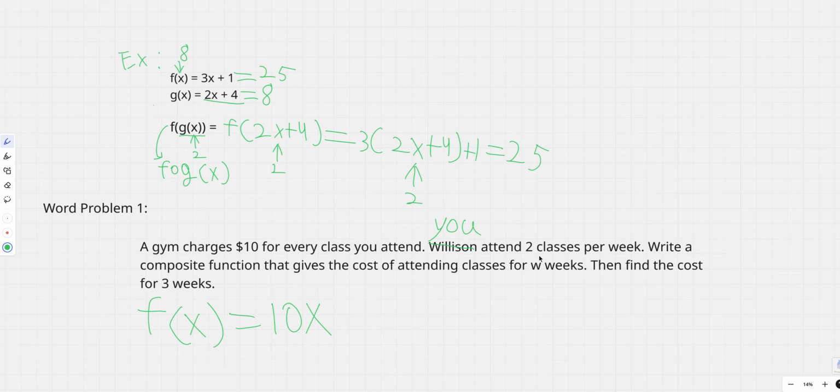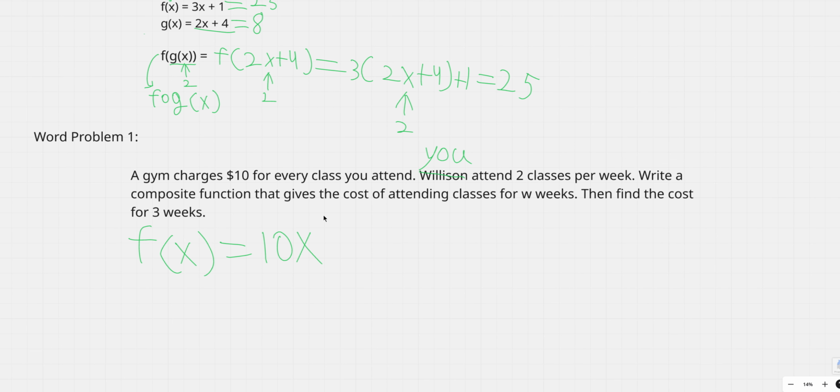Next function is classes per week. So g of x equals 2w.